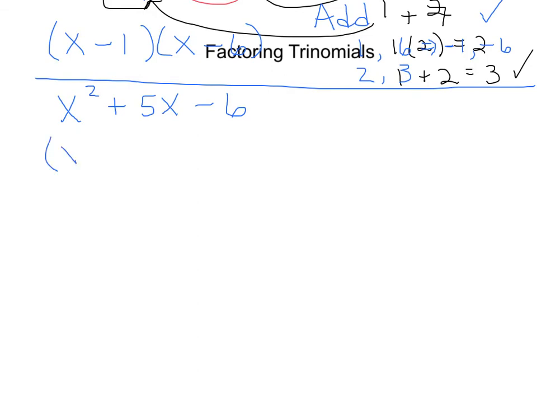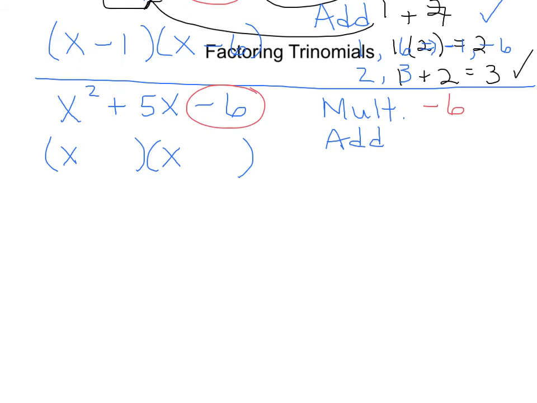So our goal is the same. Break this down into two binomial factors. X is in the front. We're looking for two numbers that multiply to negative 6 and add to our middle number, which, like I said, has changed, positive 5.